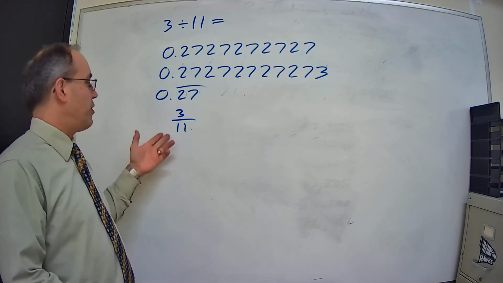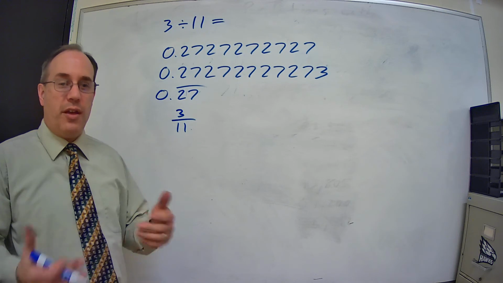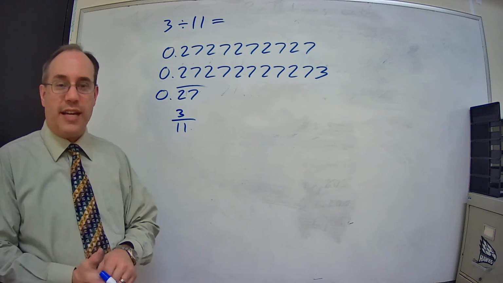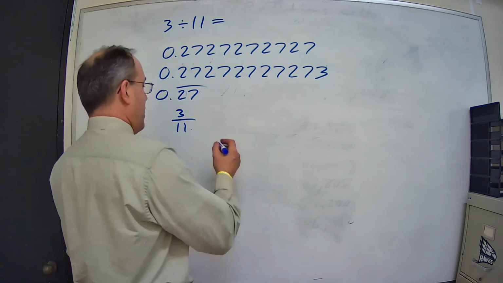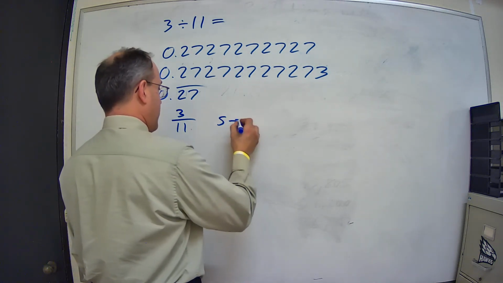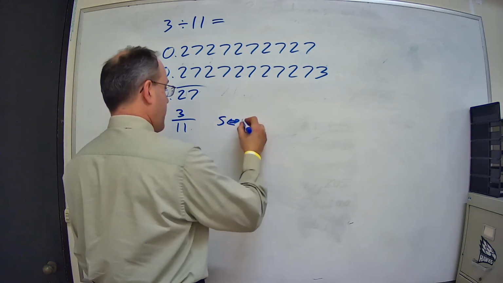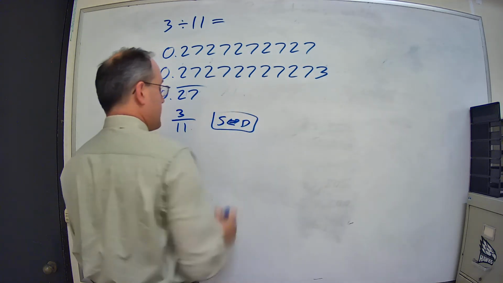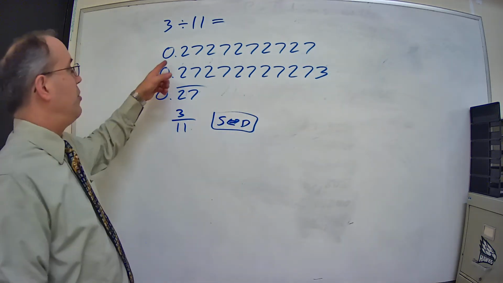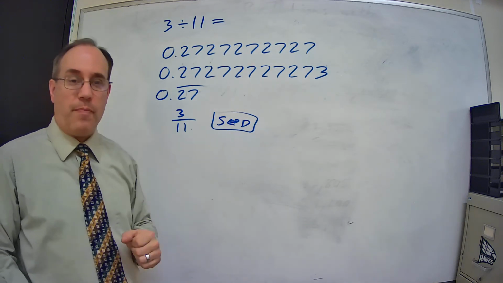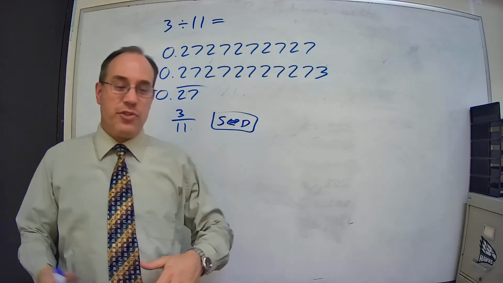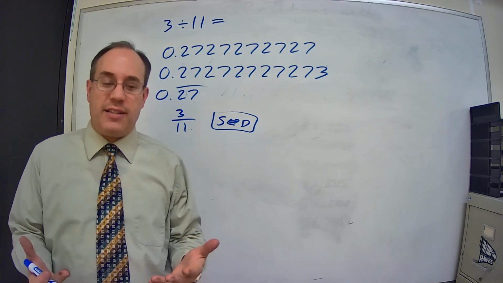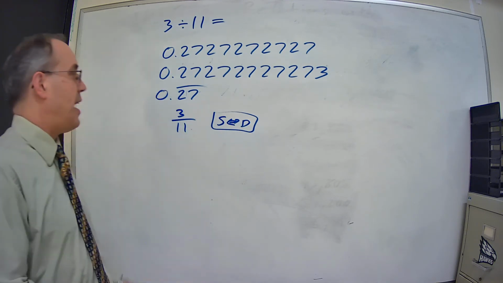So we get 3/11, and you have to tell it you want it in decimal form if you want it in decimal form. So you'd have to hit the SD button to force it to put it into a decimal form. Otherwise, it's going to give it to you as a reduced fraction. So just be aware of that and how that can happen with your calculator.